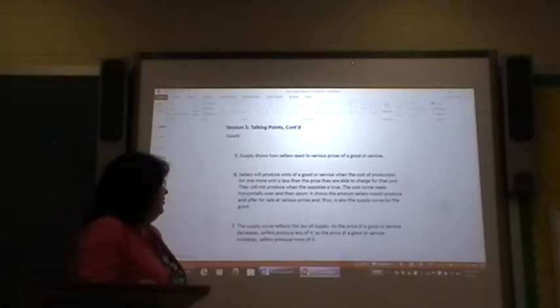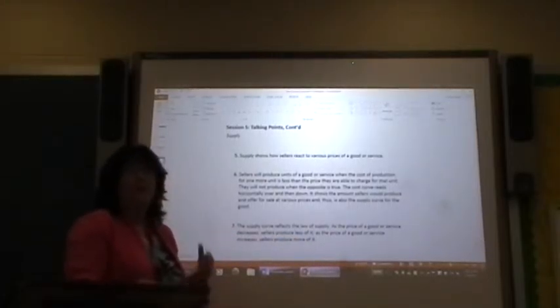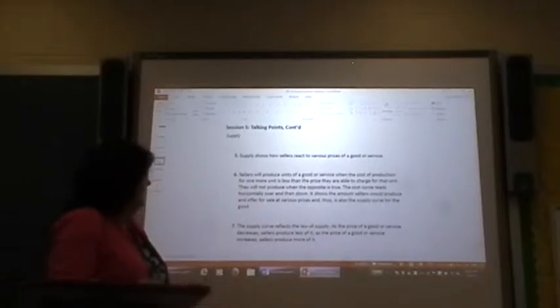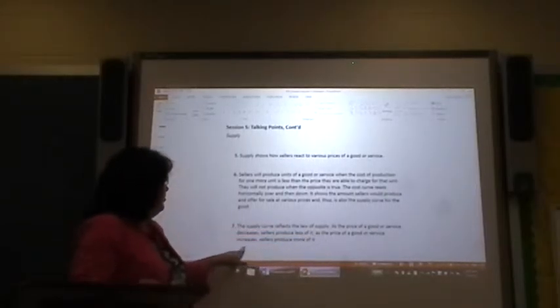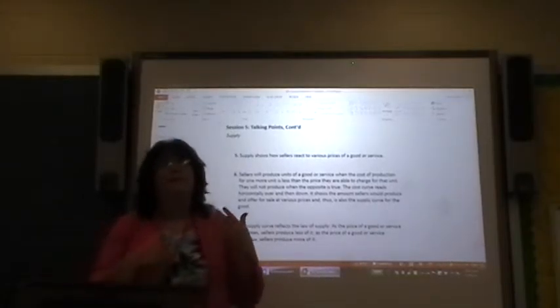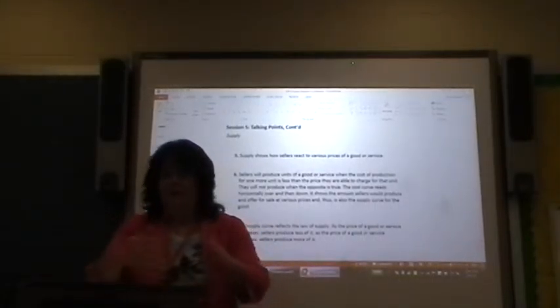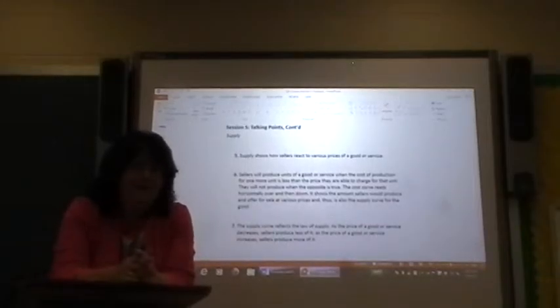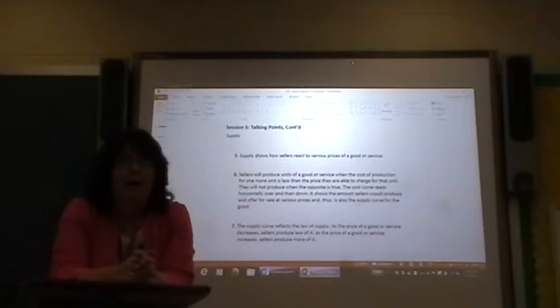As the price of a good or service decreases, sellers produce less of it because they're making less profit per unit. As the price of a good or service increases, sellers produce more of it because they will increase their profit. Think of it this way: if you made 50 cents clear on every snow cone, then the more snow cones you make, the more that 50 cents a piece builds up.